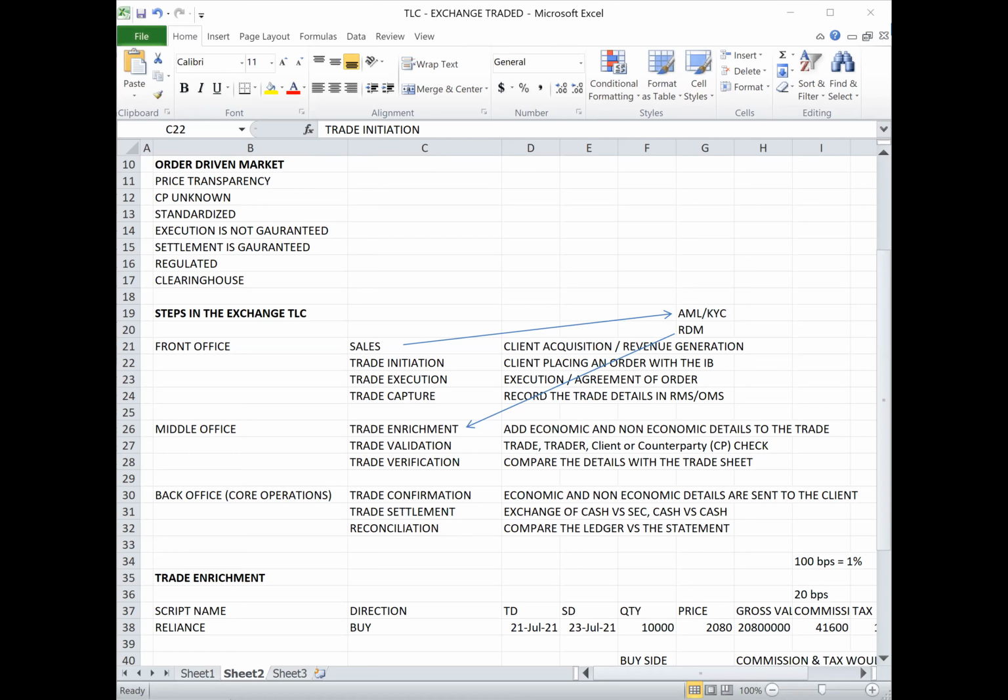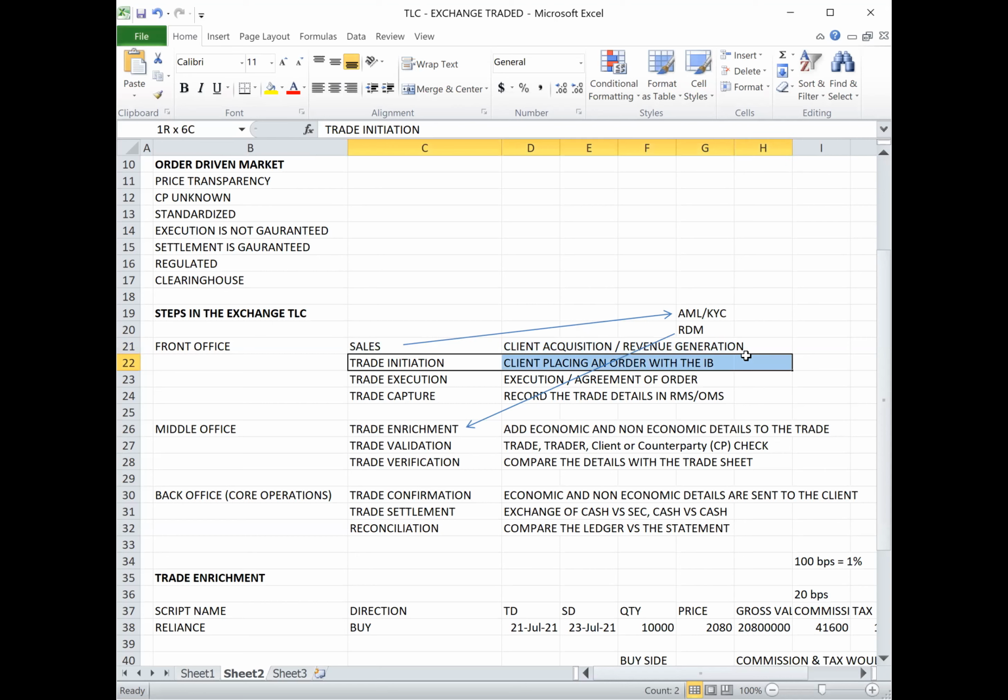So Vanguard would call a trader sitting on the trading desk of the equity product and place an order that I want to buy 10,000 shares of Reliance. That's what we call trade initiation.